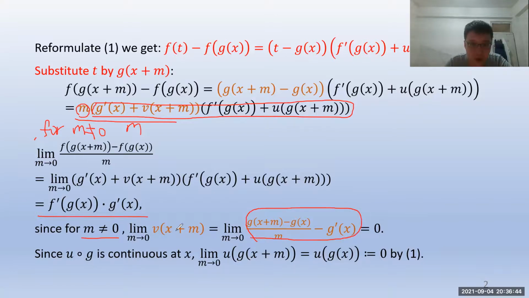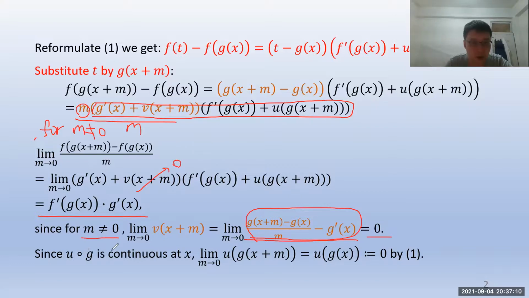Since this is replaced by the slope of the secant line minus the slope of the tangent line, g prime x, by definition the limit of this term is 0. So this tends to 0.